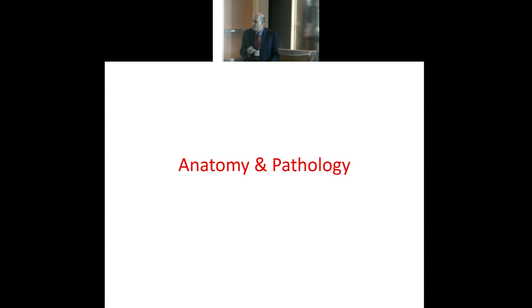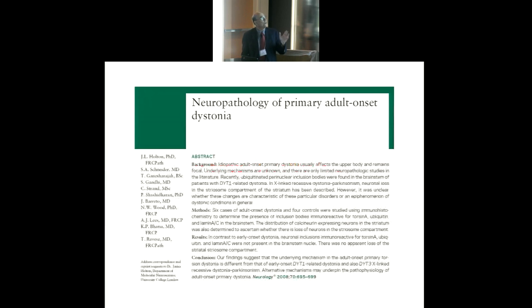First of all, there are neuropathological studies. We certainly need more of them to try to identify where one can find pathology. But at the moment, studies like this look for neuropathological abnormalities, and nothing has been found.